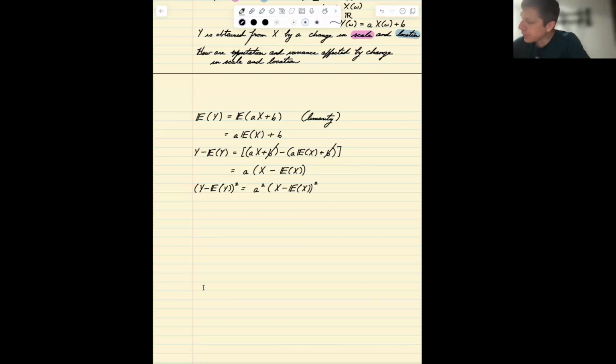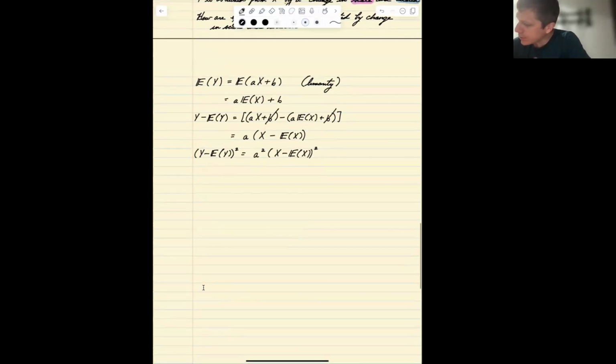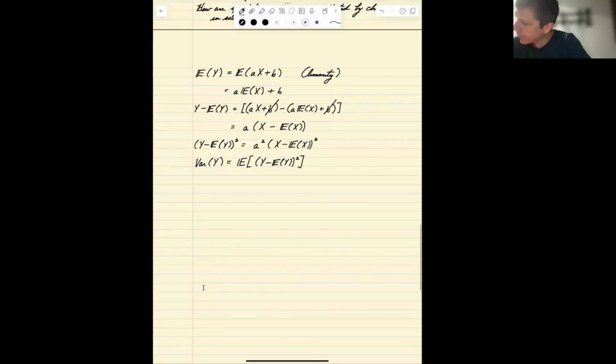Okay, so what was the point of all of that? Well, the point was to calculate the variance. The variance of Y, by definition, is the expectation of the squared deviation from the mean, the mean squared error. But we've already shown what that deviation is.